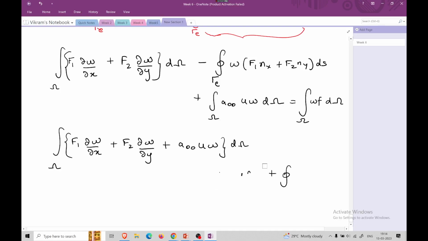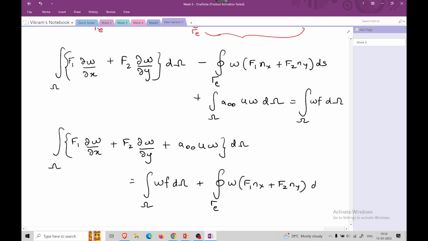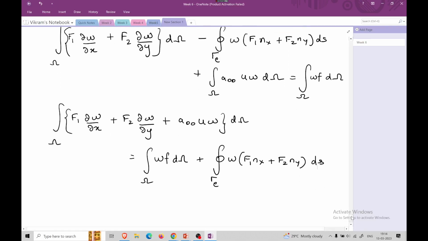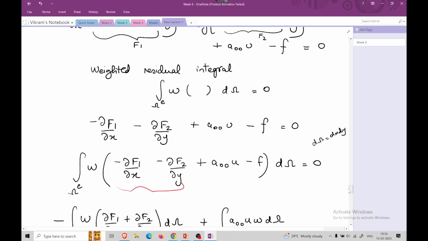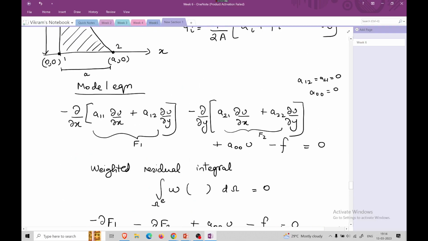I will give some more space for writing, so I will start here, plus w times f1 nx plus f2 ny ds. So initially f1 and f2 we have just written for the sake of simplicity.